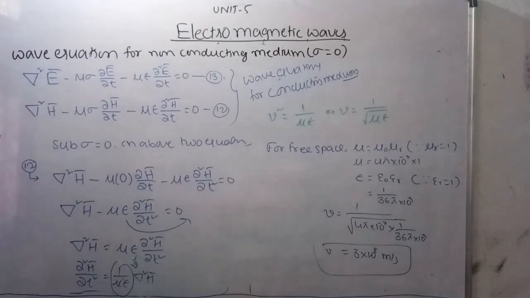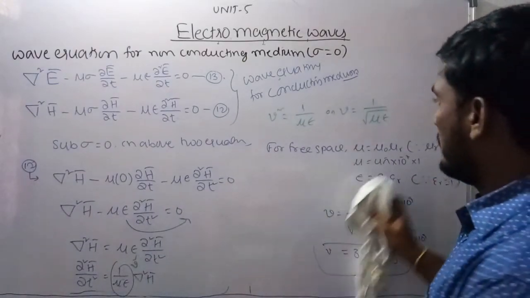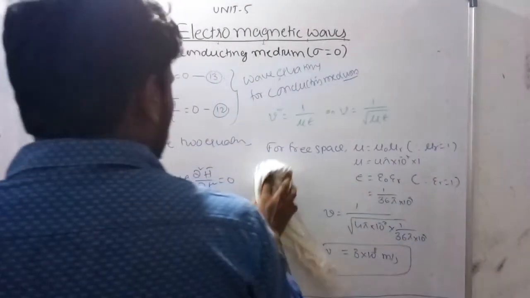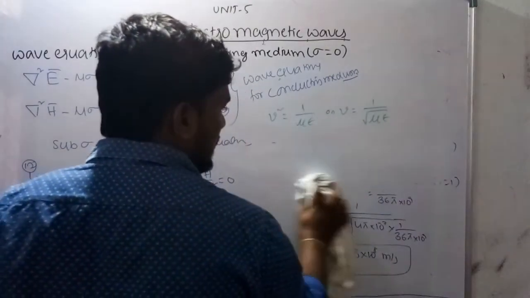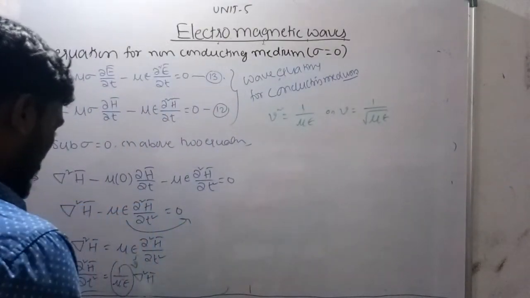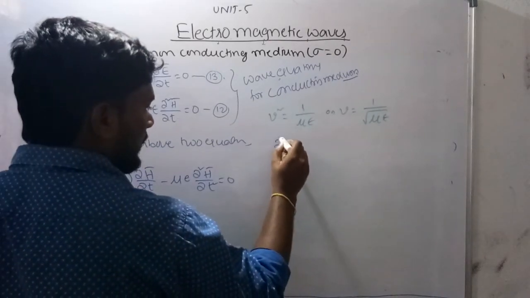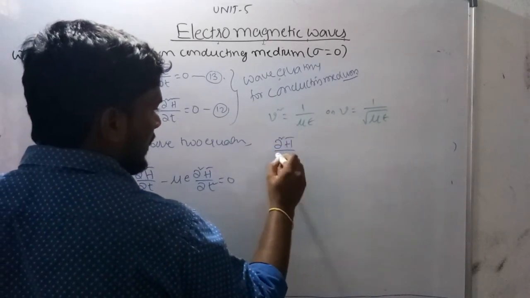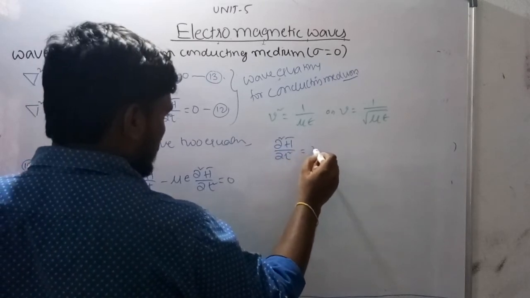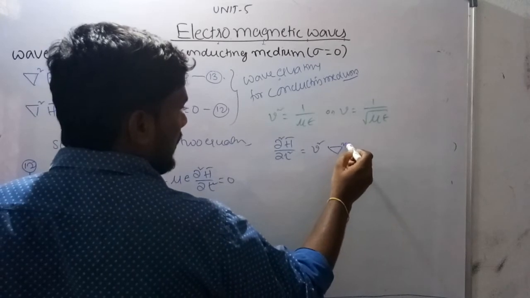Okay, so where are we now? Now I am rearranging this equation with the help of v square. So dou square h bar by dou t square is equal to v square del square h bar.